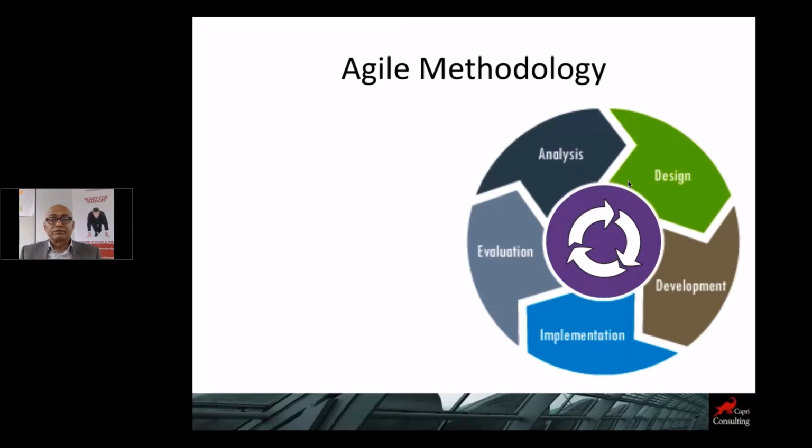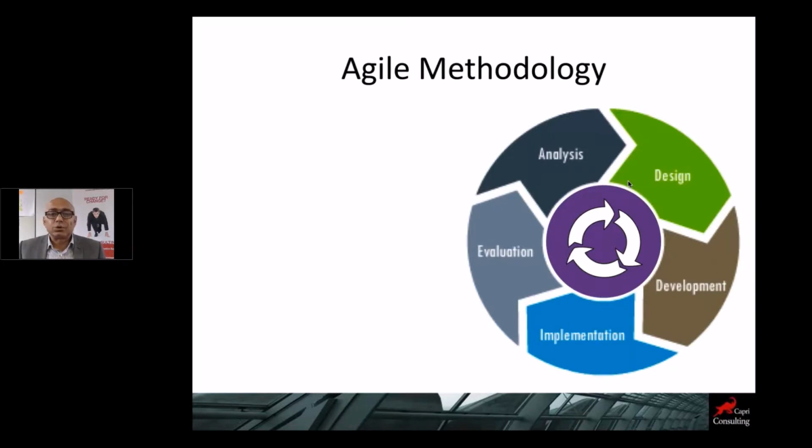This methodology is very iterative, and it delivers in a cyclic way. We follow the standard waterfall stages: analysis, design, development of your product, implementation, and evaluation. They go in this iterative way, so you deliver your project in 2 to 4 weeks and then start a new cycle.